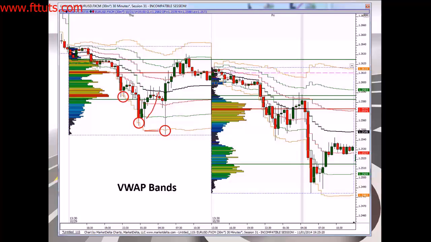And notice we make it all the way up to the second standard deviation above the VWAP. But notice our rules about momentum again. First time we drop, at the second time we come, we drop. What does that tell you about momentum to the upside?